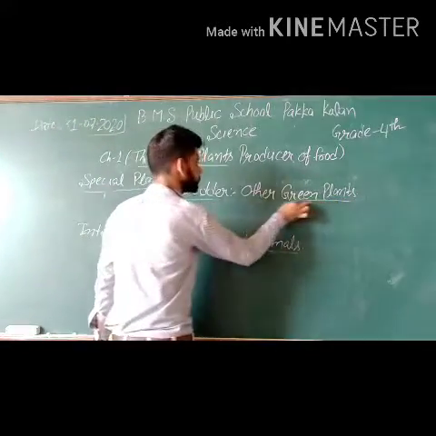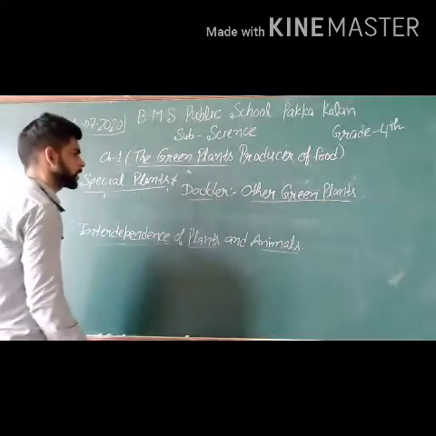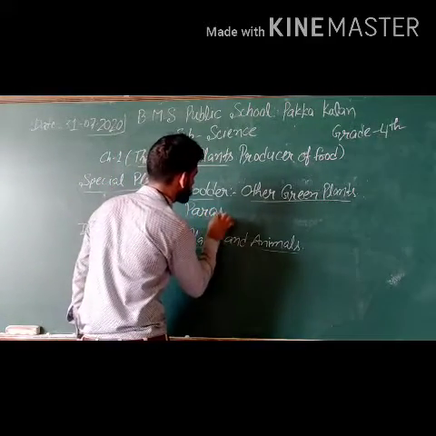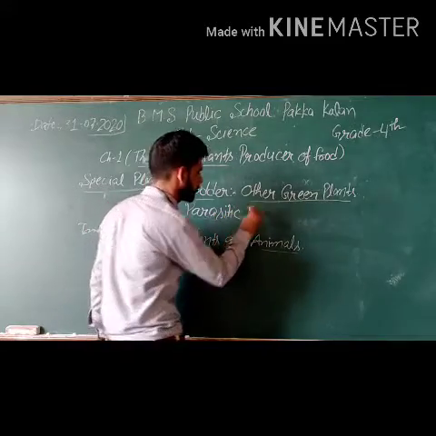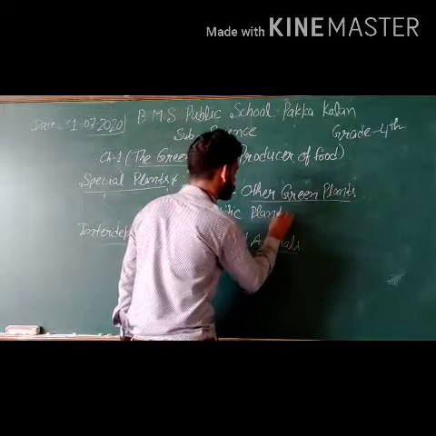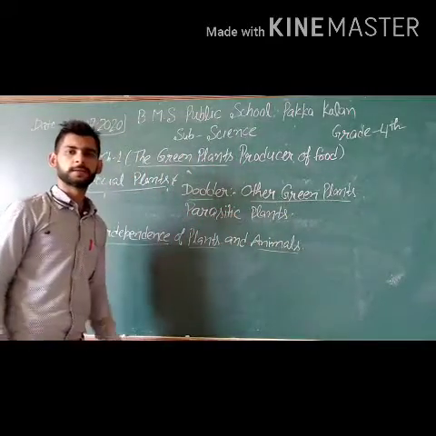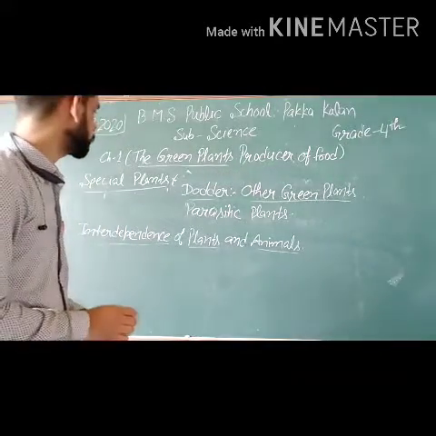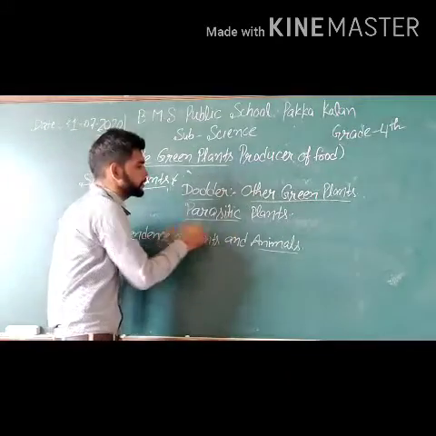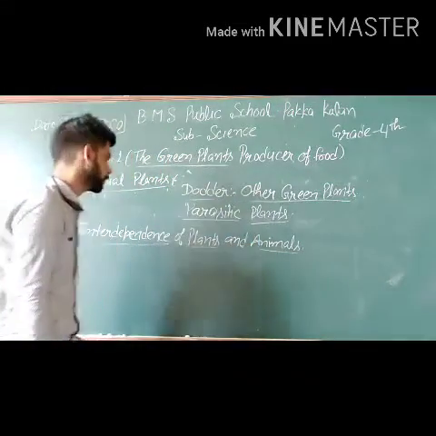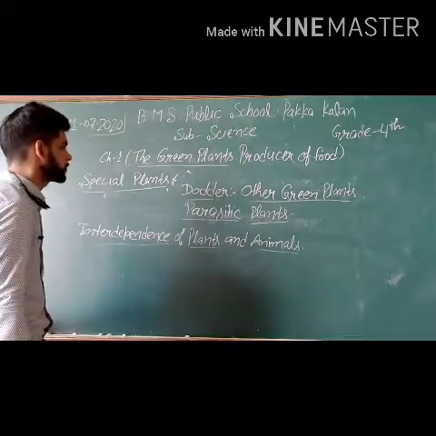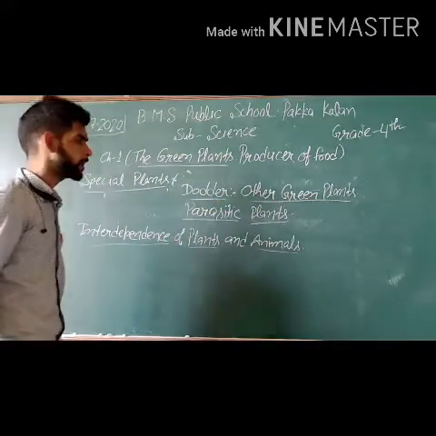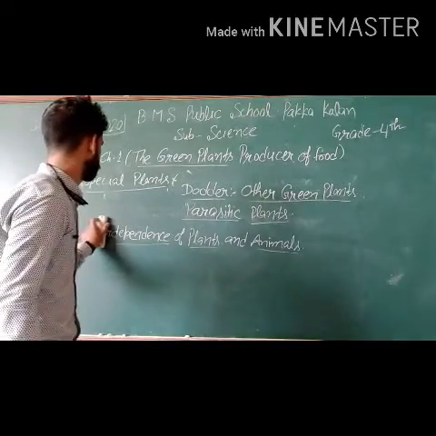These types of plants that get food from other plants are known as parasitic plants. The plants that get their food from other green plants are known as parasitic plants. Okay? For example, dodder. Dodder is a parasitic plant.